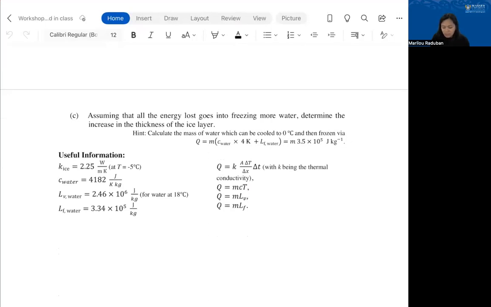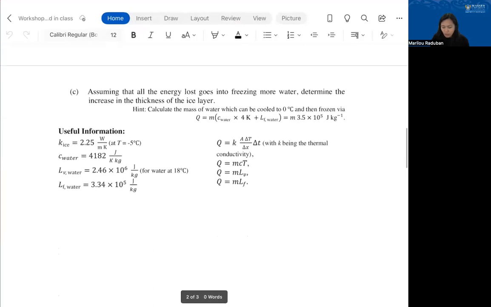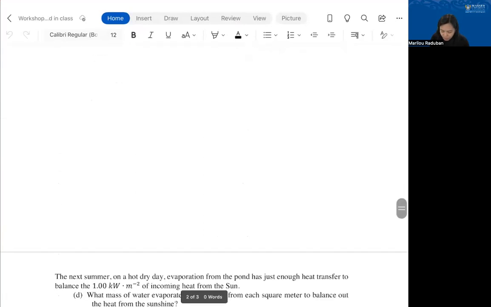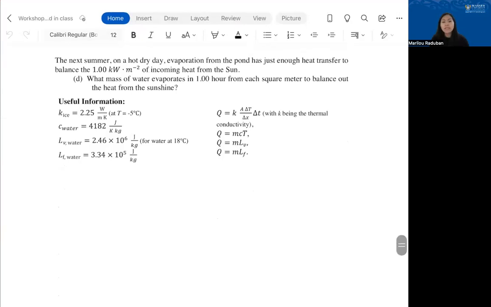This third question is a little bit more complex, and it will require you to draw concepts from previous lectures on density, for example. And the last one is something special that we will look at in more detail in the next lecture, with evaporation, combining phase change and heat transfer.